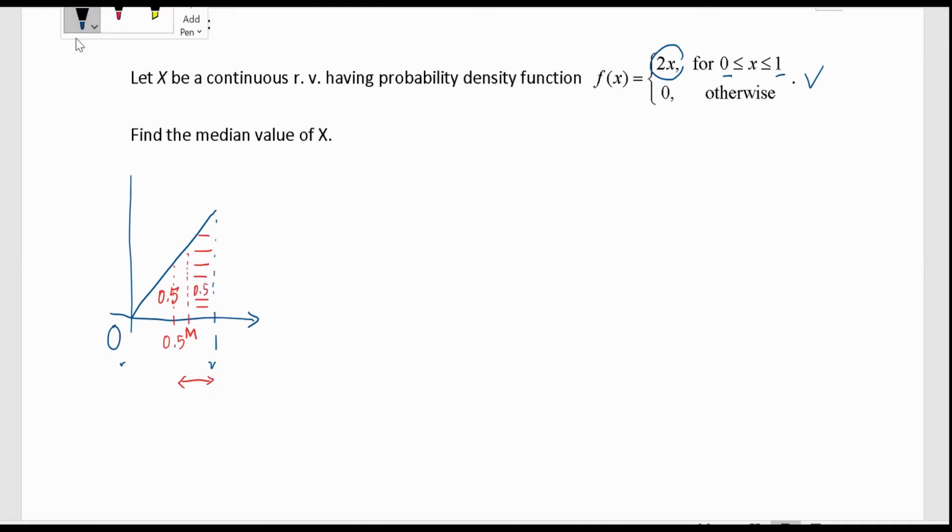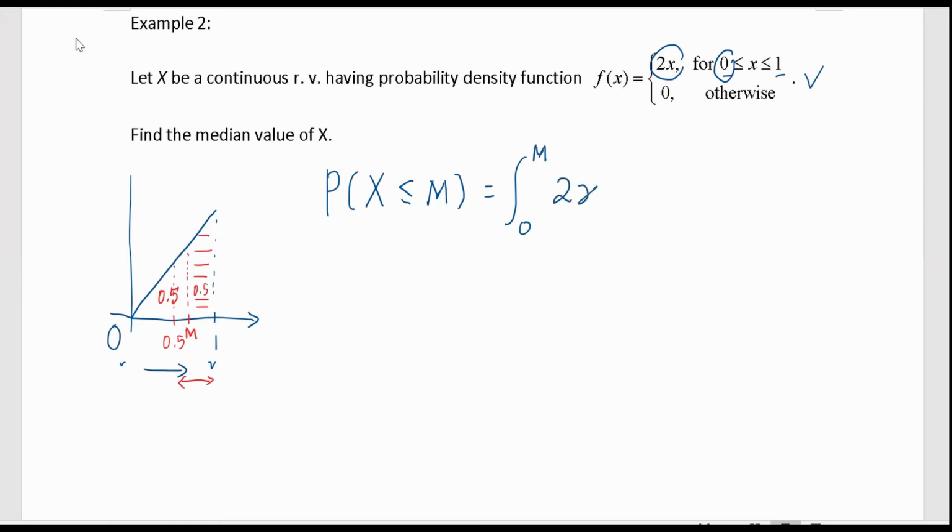So now we are trying to carry out the calculations. If I'm going to find the probability that X is less than or equal to M, the median, that means I'm going to integrate from the lower limit, 0, until the median, the PDF with respect to x.